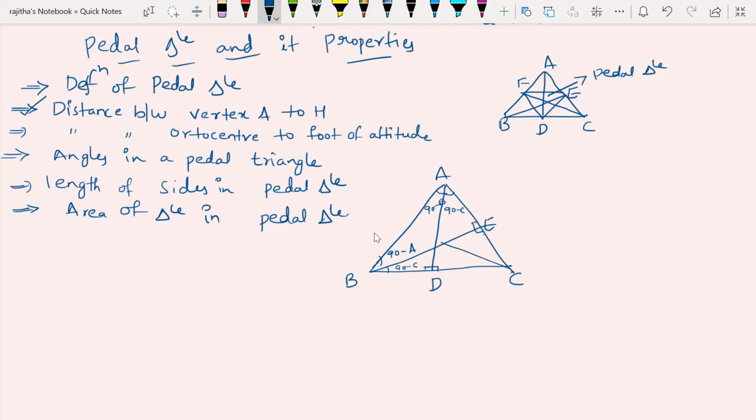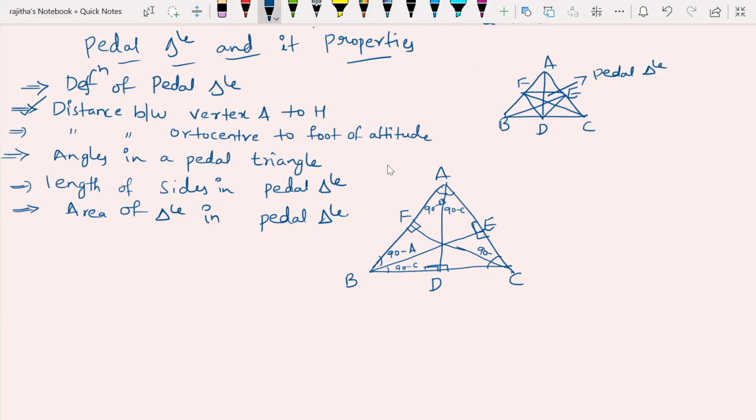Similarly, one more line, foot of altitude. Here also, this angle is A, this angle is 90 degrees.